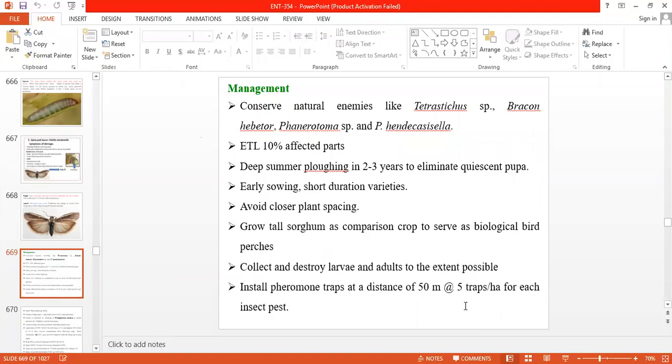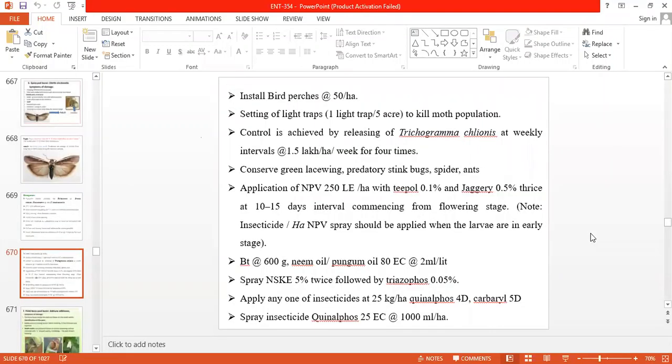Collect and destroy larvae and adults. Install pheromone traps at a distance of 50 meter at the rate of 5 traps per hectare. Install bird perches, and set light traps, one light trap per 5 acre.